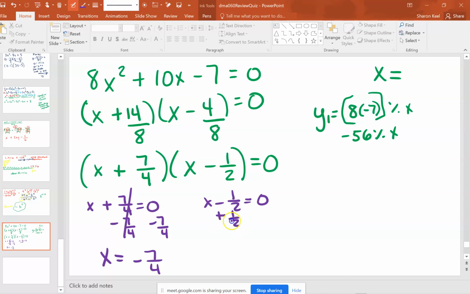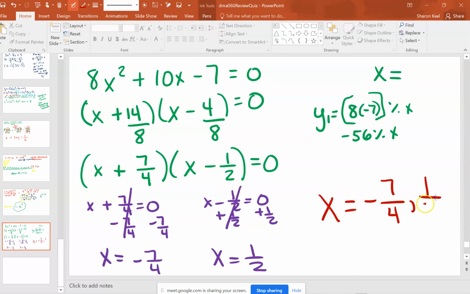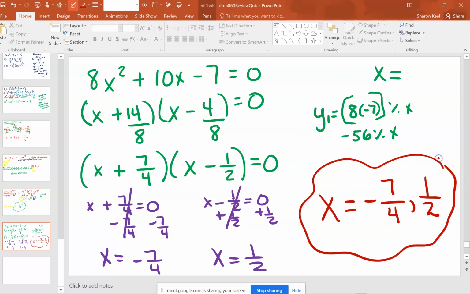Here I need to add 1/2 to move the 1/2 over, and x is equal to 1/2. So when you give your final solution for x equals, you're going to type in your negative 7/4 and the positive 1/2. And that would be your final solution.